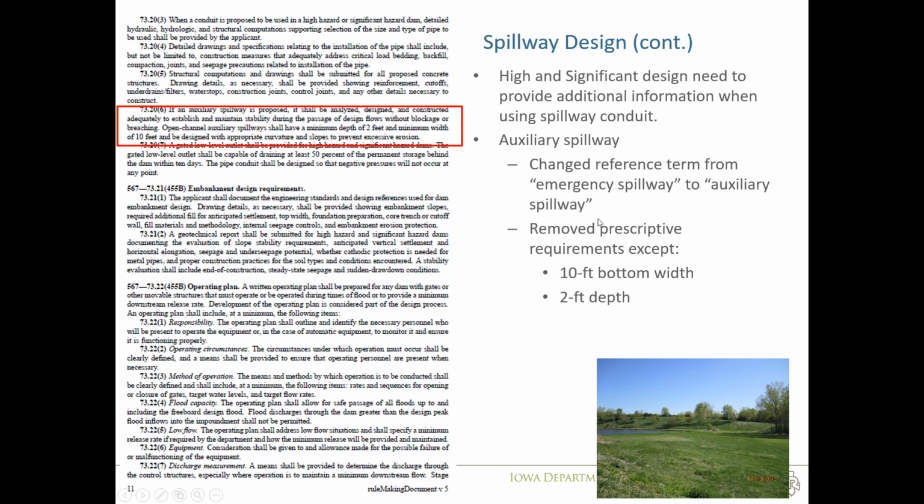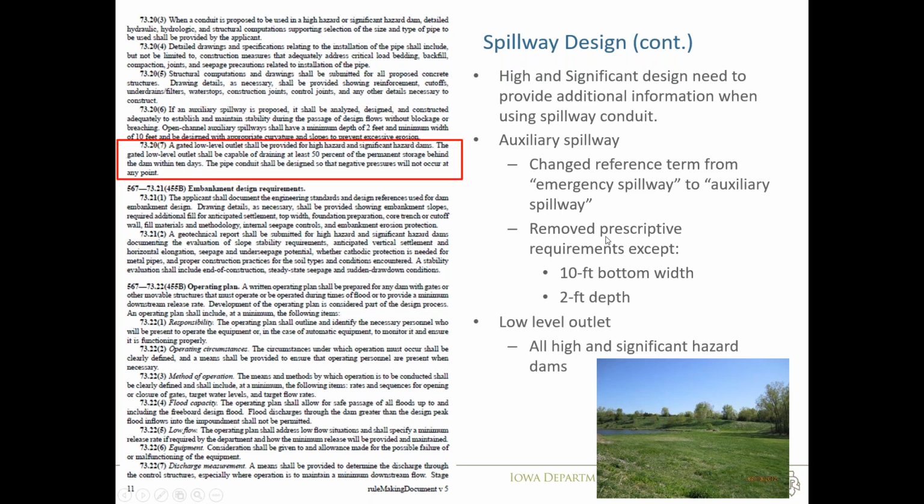The auxiliary spillway, we have changed the title of it from an emergency spillway to auxiliary spillway. It's just a name change. And we have removed the prescriptive requirements, except we did leave 10-foot bottom width, 2-foot depth, just so we can say this is the size of an emergency spillway minimum.